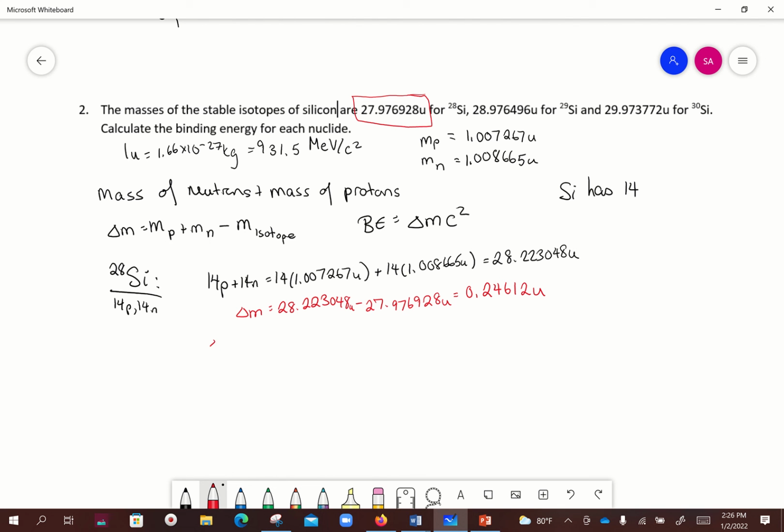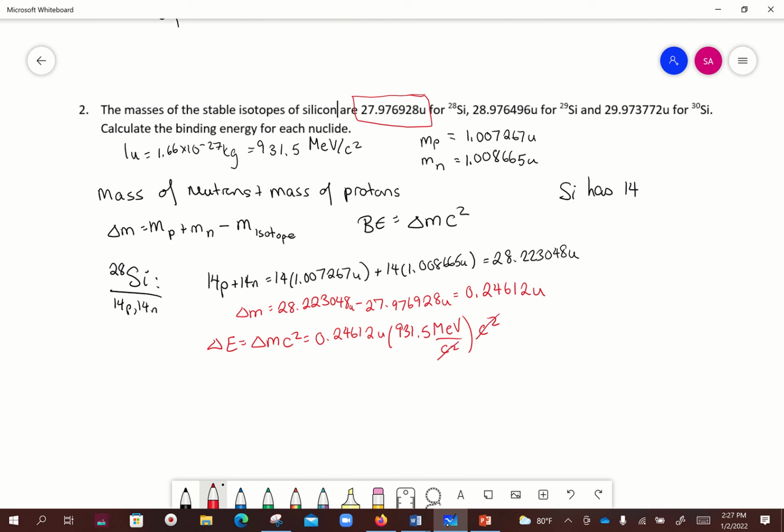So delta E is equal to delta M times c squared. So that's 0.24612 U. And now we do our little trick. We put in our conversion factor, 931.5 MeV per c squared. So now when I multiply by c squared, those c squareds cancel.